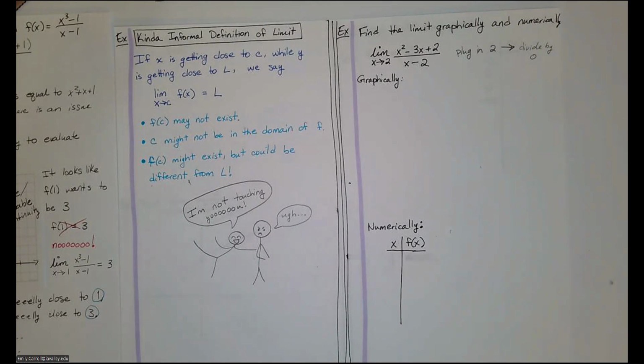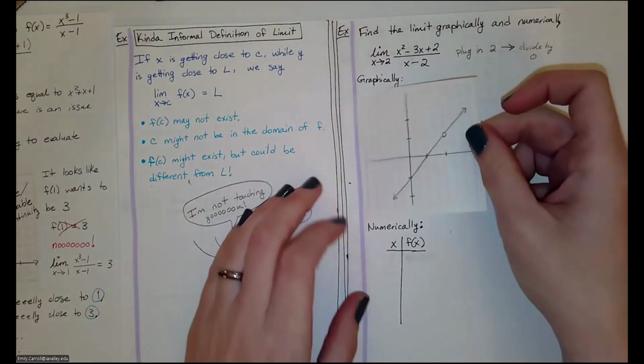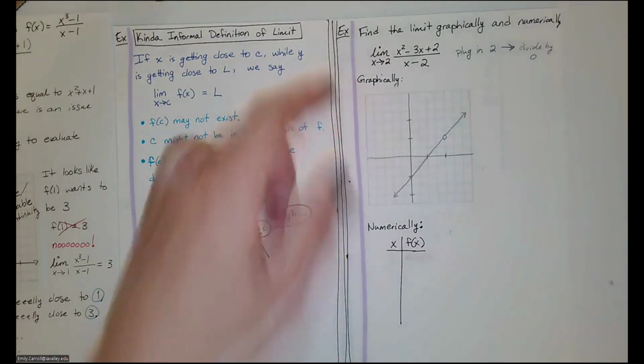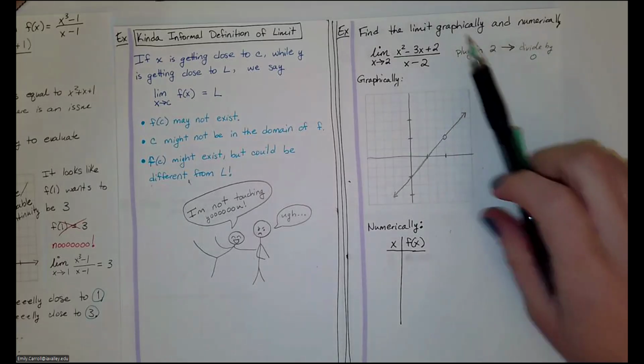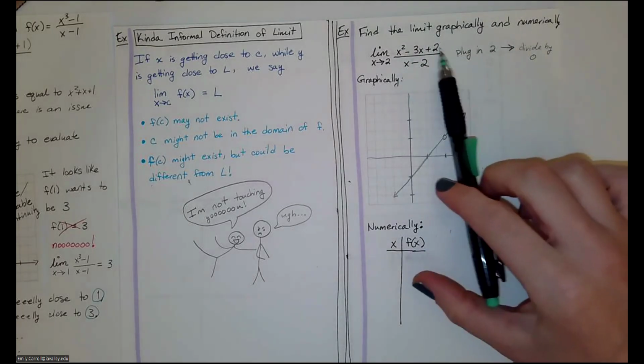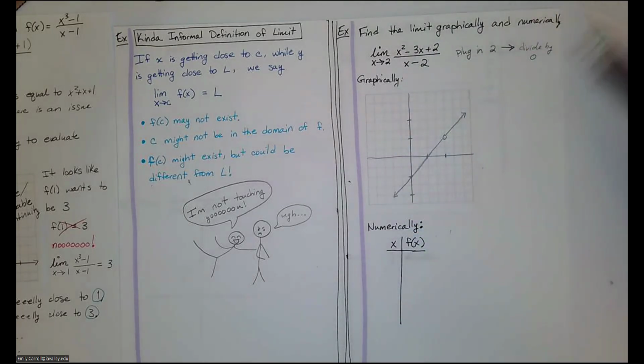Okay, in this divide by 0 situation, we got to do a little bit more sleuthing to see what's going on. So here's the graph. You pull out your graphing utility of choice, GeoGebra or your graphing calculator if you have one, or whatever you like to use. This is what the graph looks like. It ends up resembling a linear function. I'm assuming that however this factors, the x minus 2 is going to cancel out and you're going to be left with something linear.